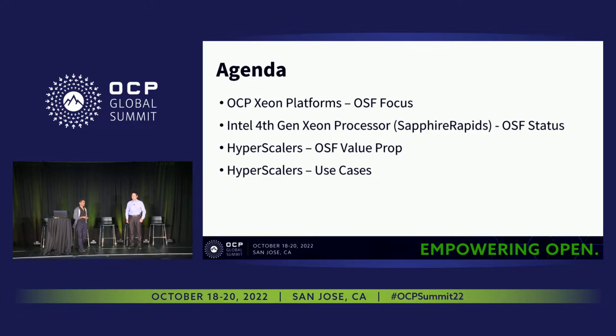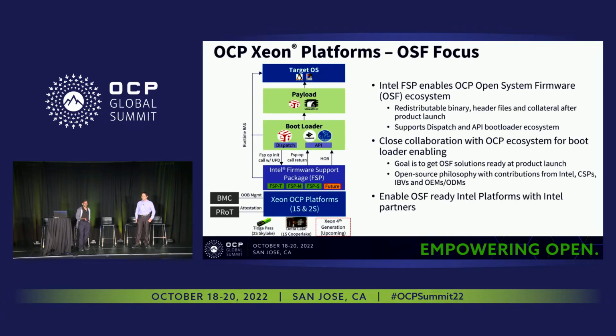I'll show the history of what has been done so far, and an element of process around how we enable this before the platform launch and after the platform launch. And then Jonathan is going to cover most of the SapphireRapids OSF status update, what the value prop is from the CSP's perspective, and what are the key use cases that they felt are extremely useful from an OSF value prop perspective.